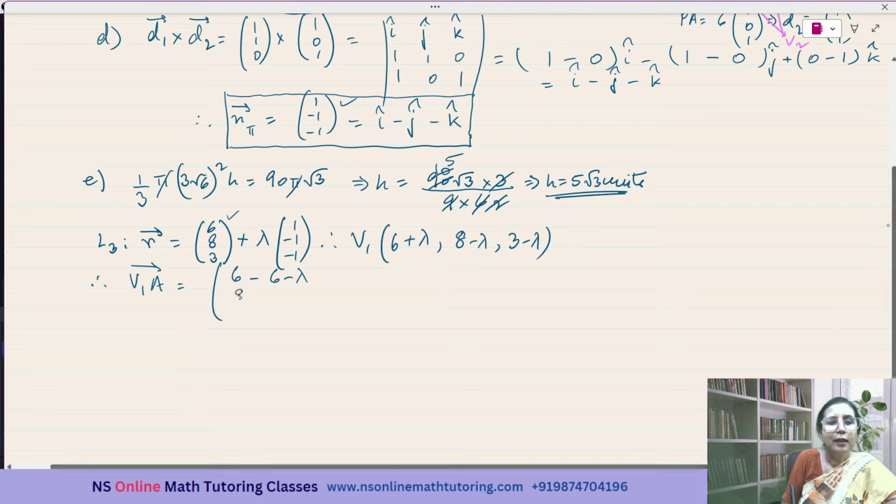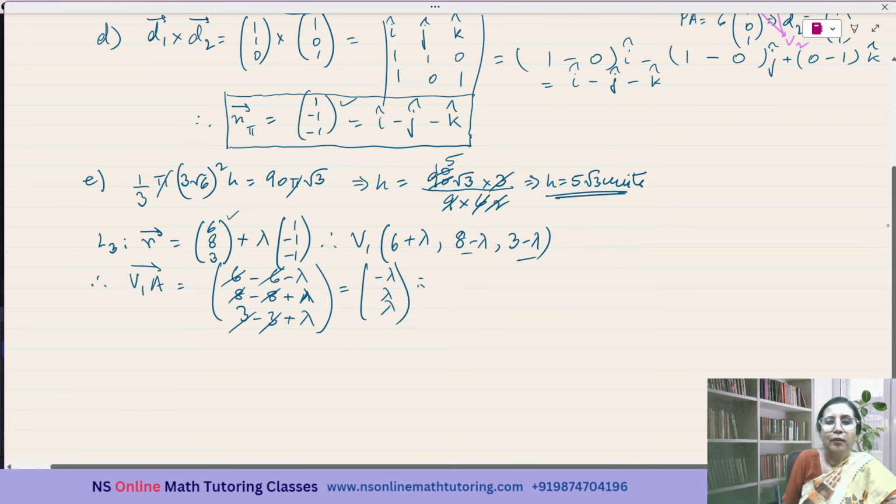Then 8 minus (8 minus lambda), which is lambda. And 3 minus (3 minus lambda), which is lambda. Okay, so these cancel, equal to minus lambda, lambda and lambda.